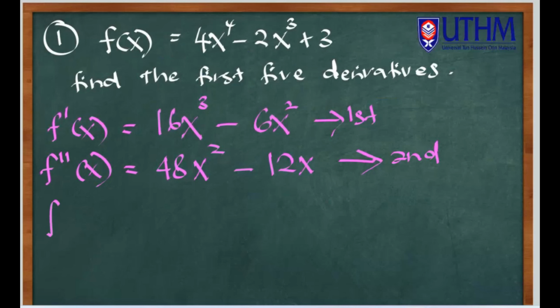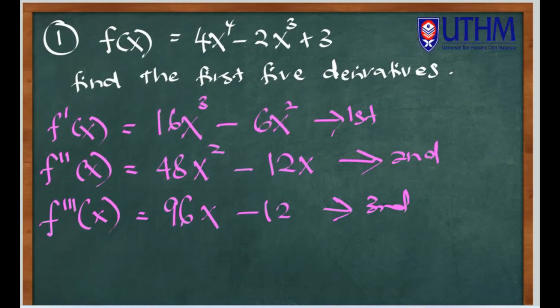For the third derivative, we differentiate one more time: 2 times 48 gives 96x, and differentiating 12x gives 12. So the third derivative is 96x minus 12.